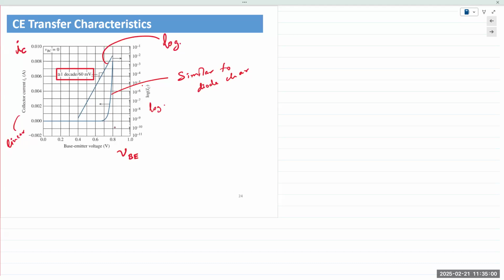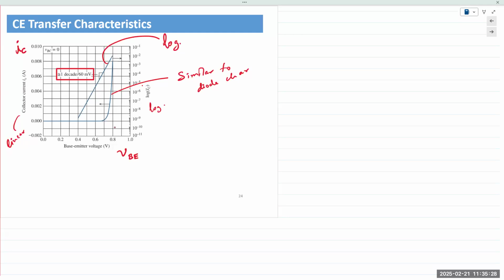Okay. So a very small change in the input base voltage and the input base current would create a correspondingly large change at the output collector current. That's the device physics. Very small change at the input base side would create a large variation on the output side.